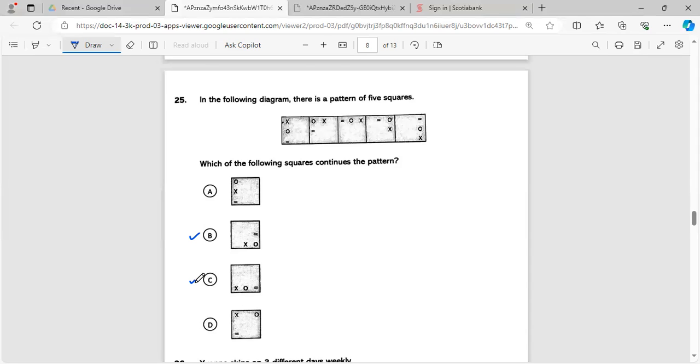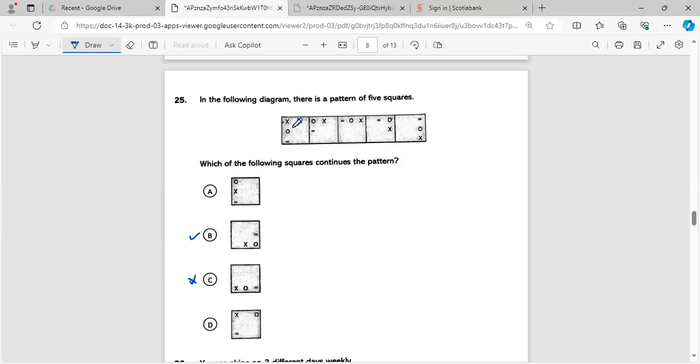Okay. Any other explanation as to how you chose your answer, even if it's the same B or C? Anyone else look at it differently? No, sir. Okay, so it's the same way. All right, guys, I'm going to agree with B, and this is the reason. If you look at the pattern, just consider it's going this way, right? So you move over X here, so then O would come up here.